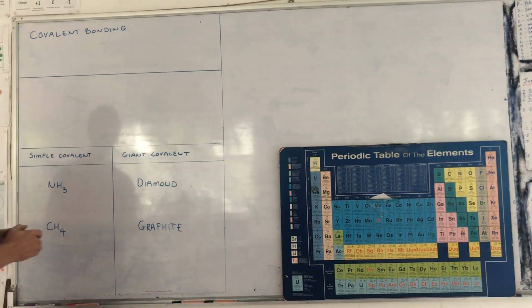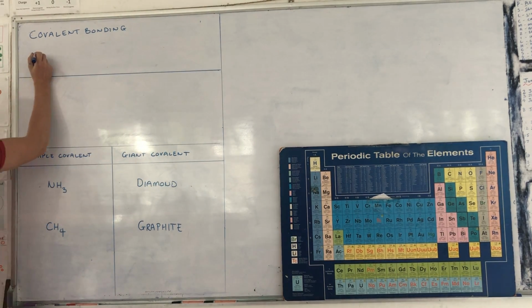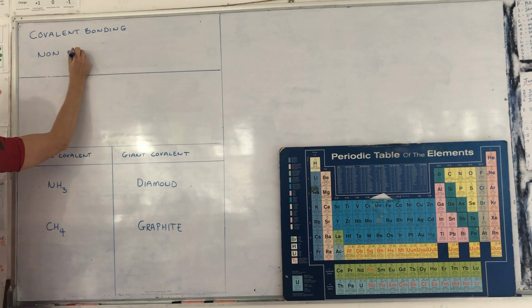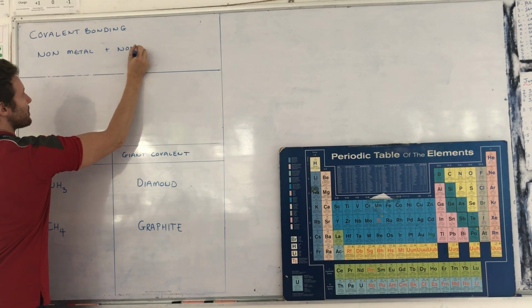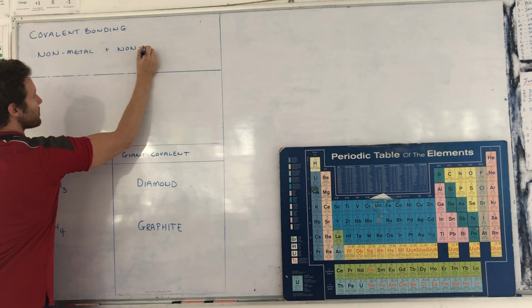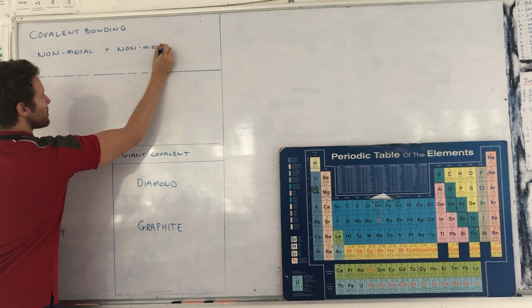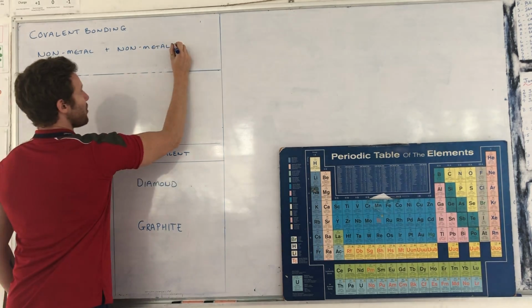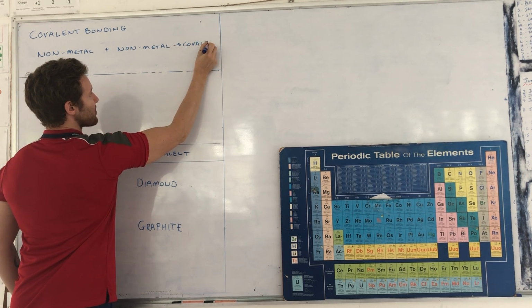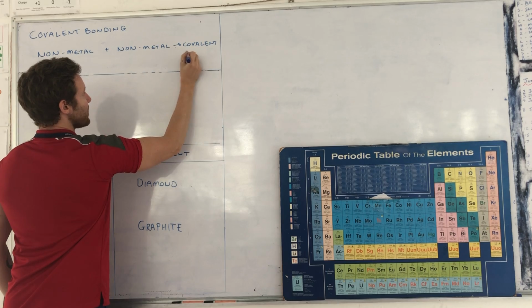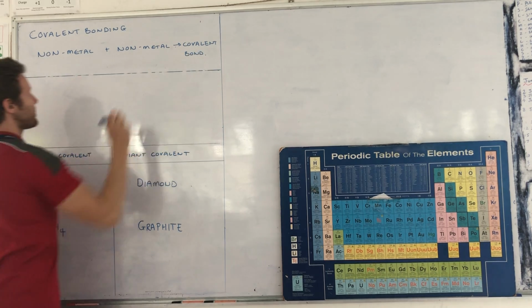Okay, so covalent bonding. We have the bonding between a non-metal and a non-metal, and we are forming a covalent bond.